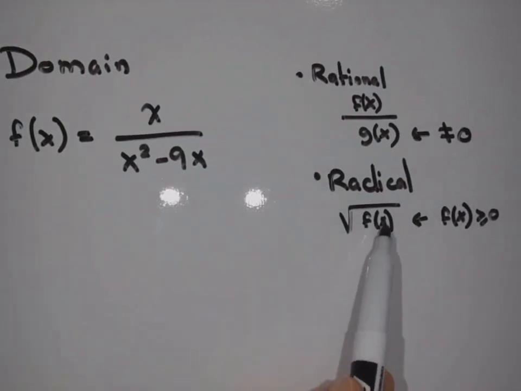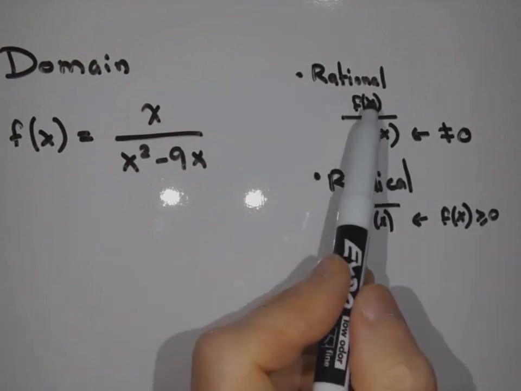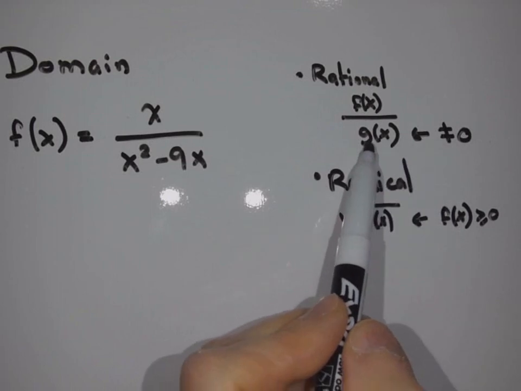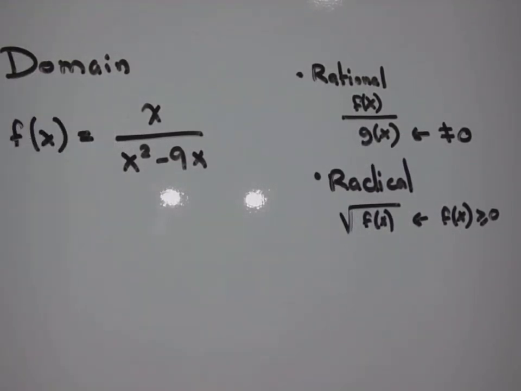So inside the radical, we need something that's positive, therefore greater than or equal to 0. And if we have a fraction, whatever is in the denominator cannot be 0 because we cannot divide by 0. Those are the only two restrictions for the domain, okay?